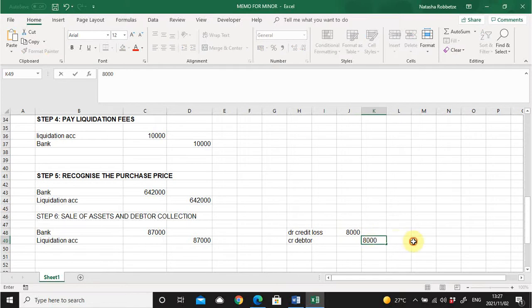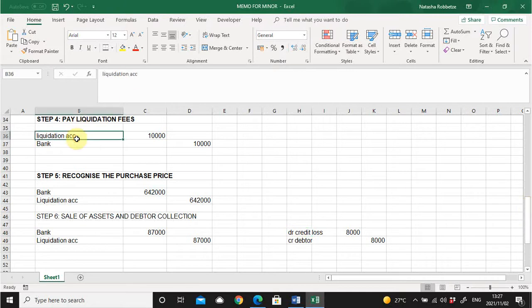The problem here is that income and expense accounts are accounted for as the liquidation account. You will, for example, see with the payment of the liquidation fee: the liquidation fee is an expense, but we take it to the liquidation account and against the bank. So the bank account still exists, but no income and expense account other than the liquidation account exists.